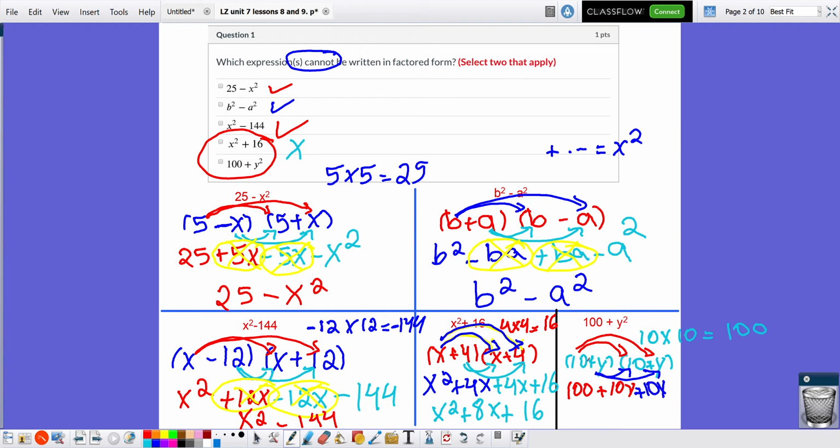It is positive. And y times y is y squared. So here, I know that positive 10y and positive 10y will give me 20y. So your expression will look like 100 plus 10y plus 10y is 20y plus y squared. So no, this expression cannot be written in factor form.